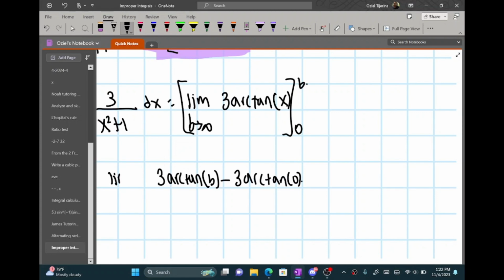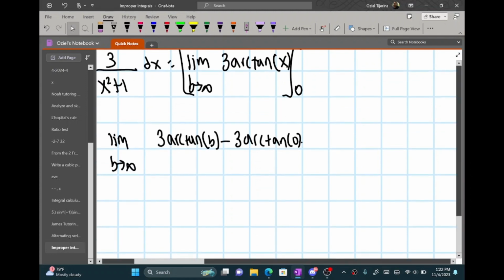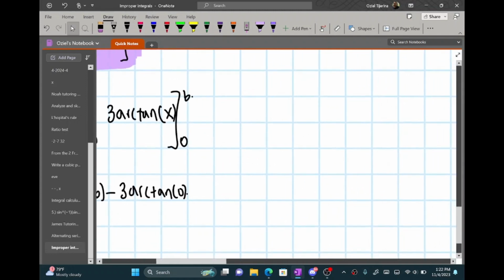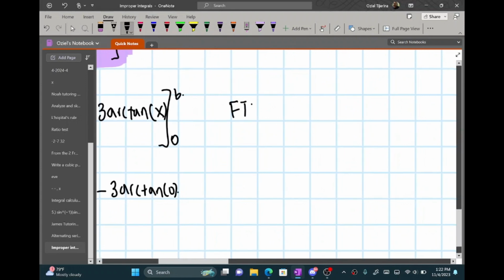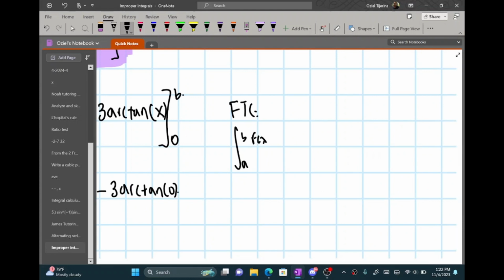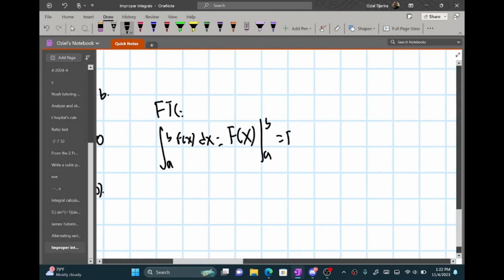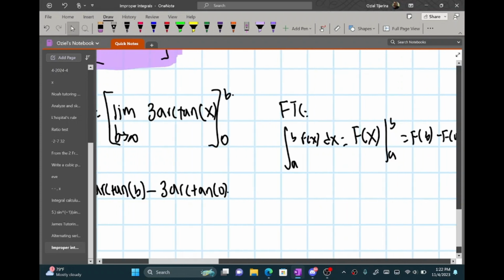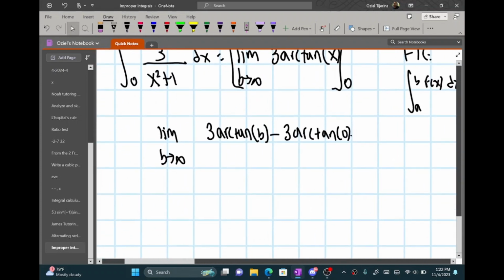And it's the limit as b approaches infinity, excuse me. We're using the fundamental theorem of calculus here. Remember that the fundamental theorem of calculus is the integral from a to b of f of x dx is equal to some antiderivative F of x from a to b, which is really just F of b minus F of a. So that's what we're doing here.